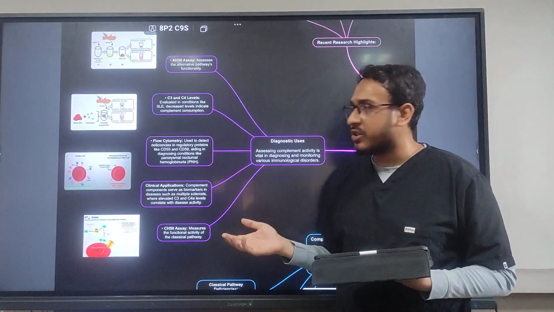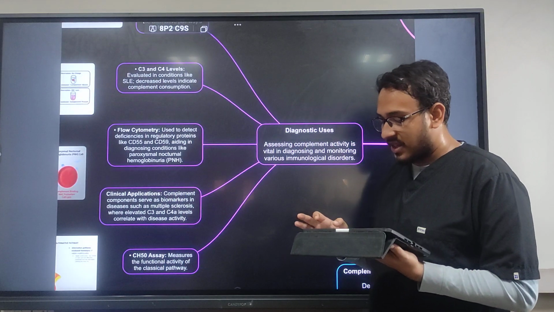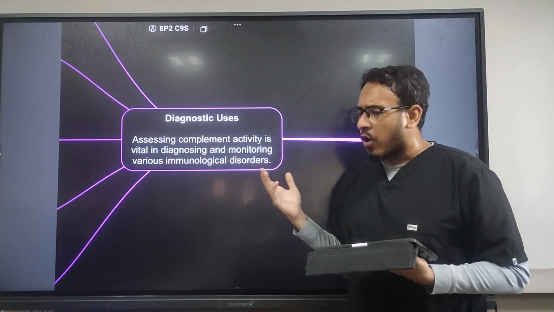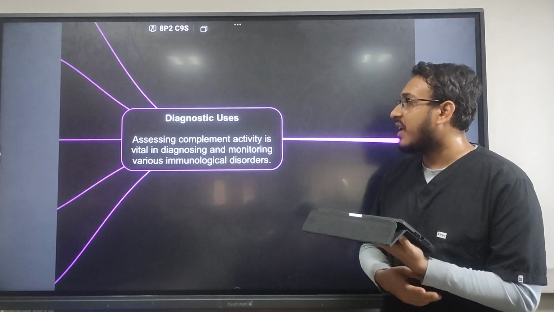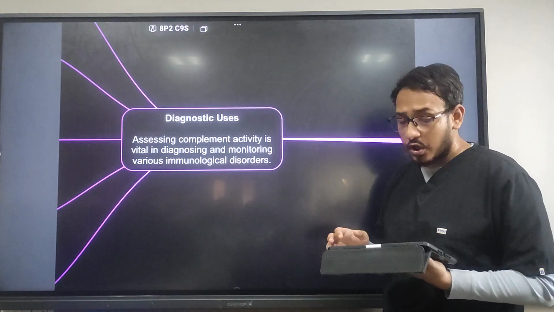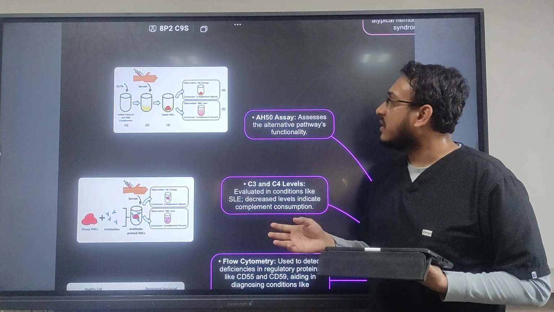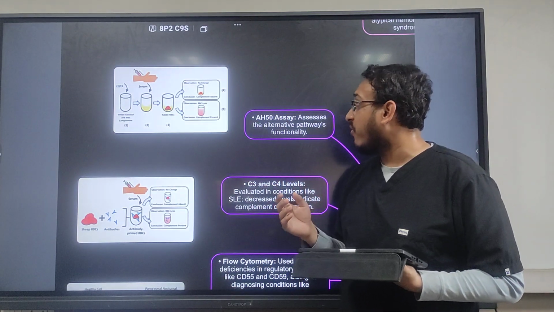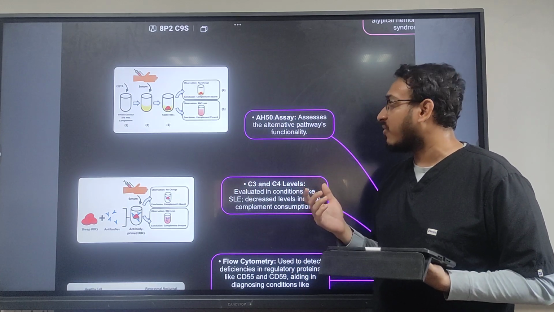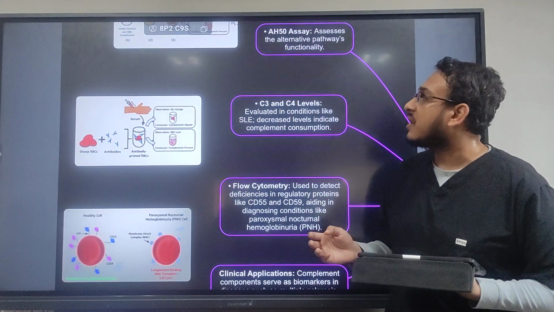What can be the diagnostic uses of this system? So assessing complement system activity is vital in diagnosing and monitoring various immunological disorders. So here are some examples. There is AH50, which assesses the alternative pathway's functionality. Then there are C3, C4 levels.